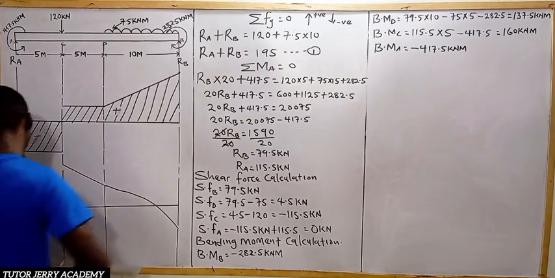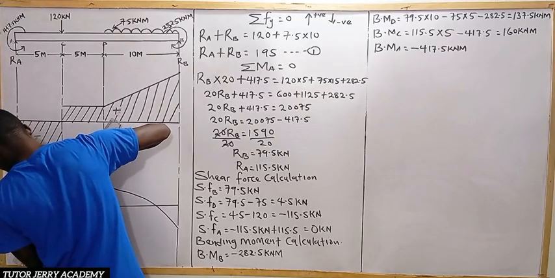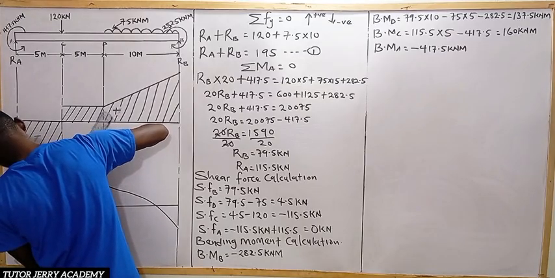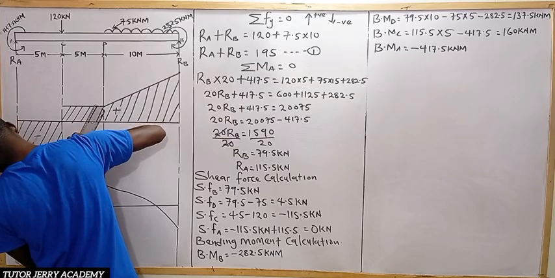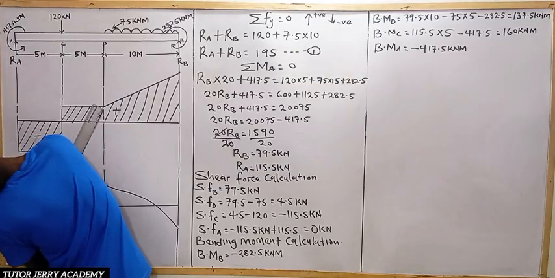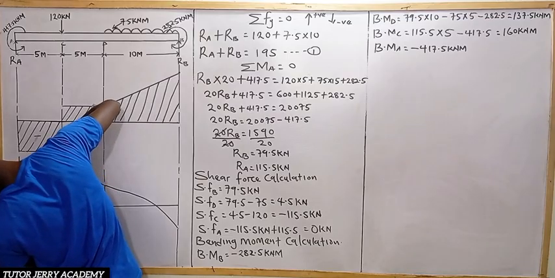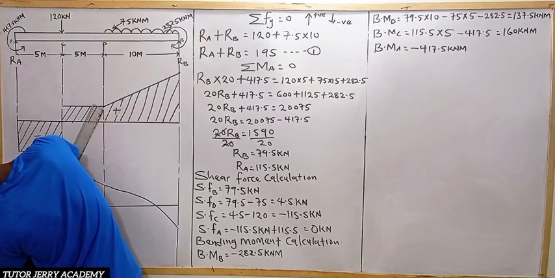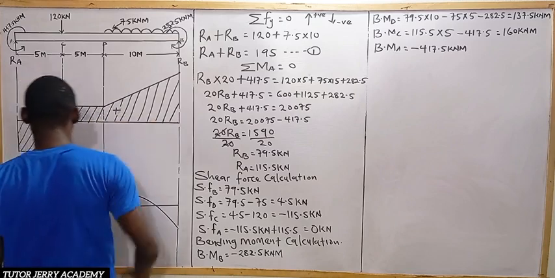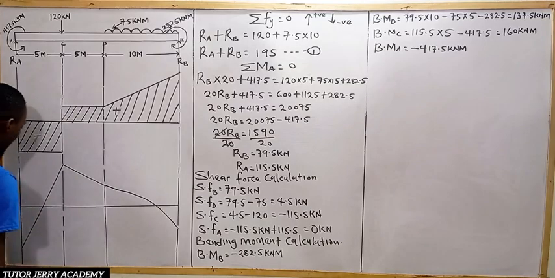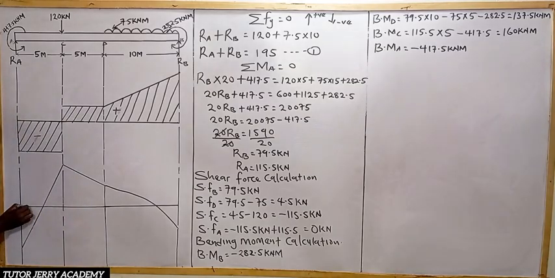We use an inclined line to join these points together. So our diagram is going to look like this.